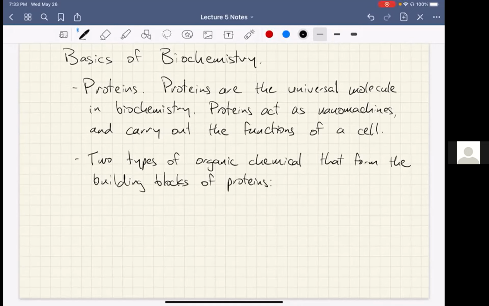And those are amines and carboxylic acids.